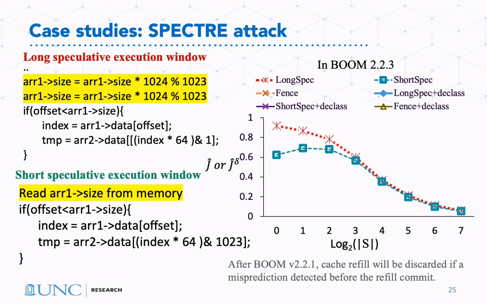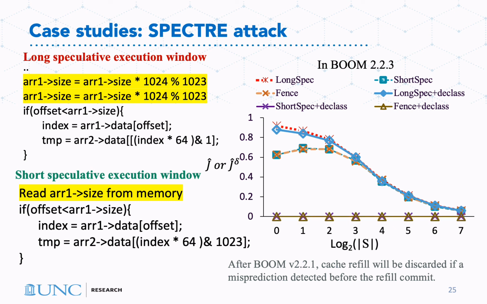Without declassification, the curves for the short and fence cases are very similar, while the curve for the non-speculative execution case is very high. And after I apply the declassification that is used to allow the in-boundary leakage, the procedure with a non-speculative execution window is just slightly decreased, while both short and fence cases cause zero leakage.